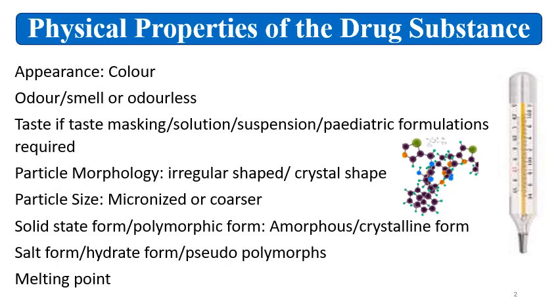So if the molecule has a low melting point, the manufacturing process should be run at lower temperature, or sometimes the low melting point API may get degraded if it is stored at higher temperature or manufactured at higher temperatures.